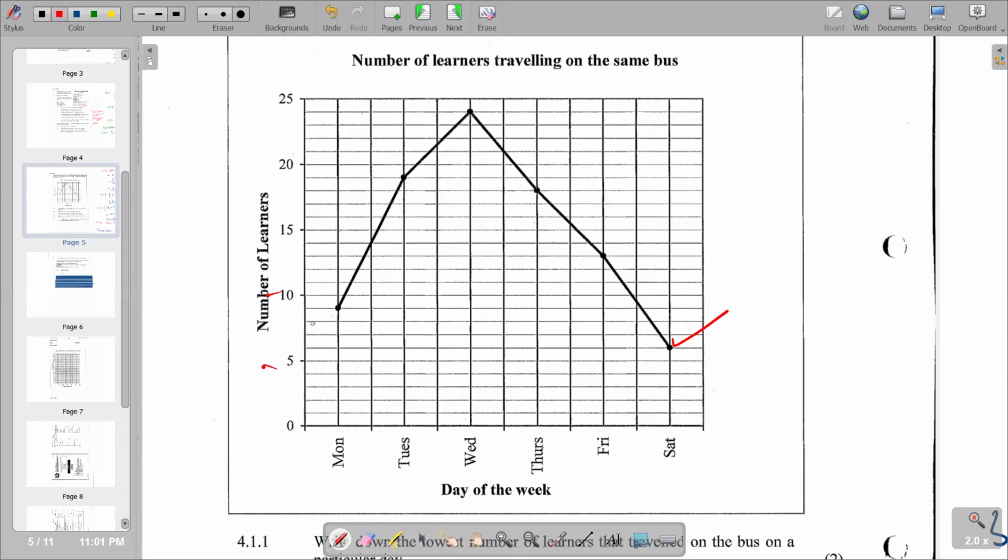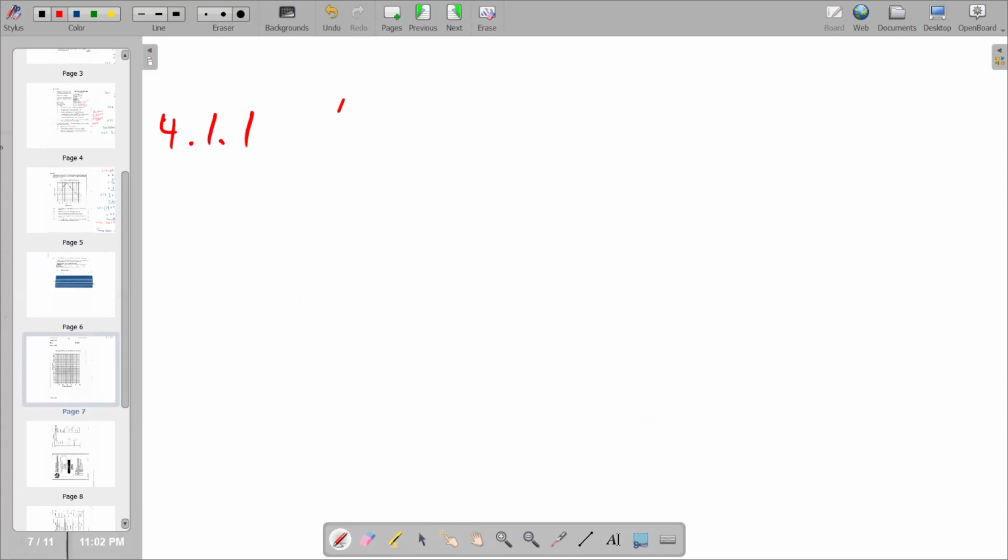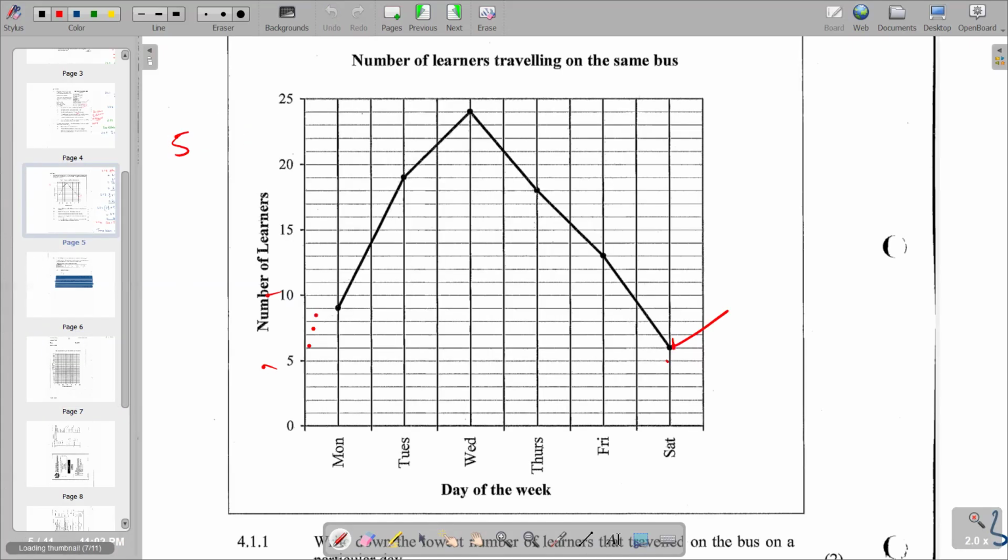So how many horizontal lines do we have there? 2, 3, 4, 5. We have got 5. Also, if you move from 5, there's 6, which is on this line here. And the lowest that we have is here, which is going to be our 6. So we are saying 6 on 4.1.1, whereby 6 is our answer.